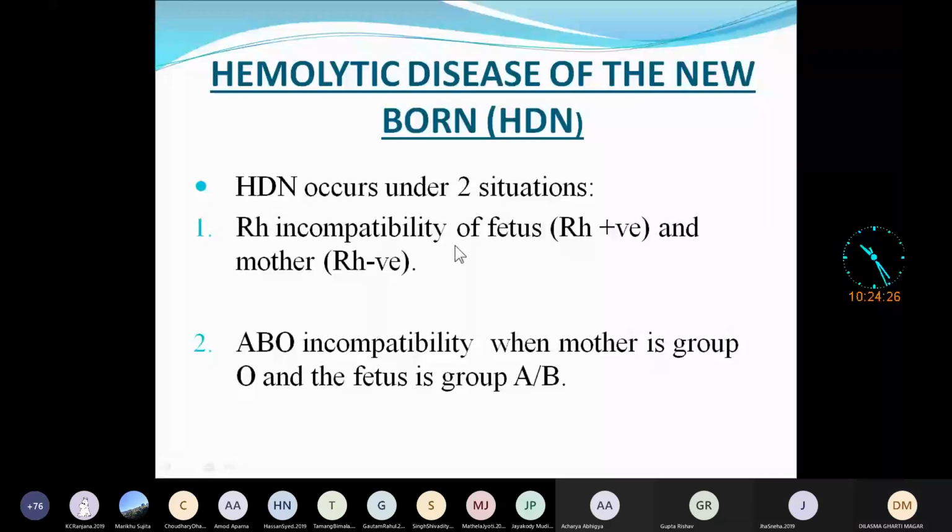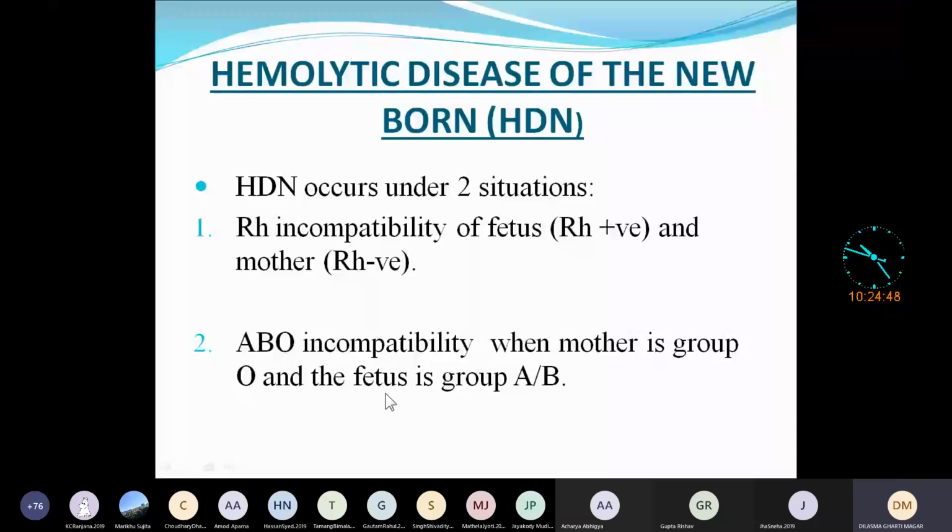When the fetus is Rh positive and the mother is Rh negative, it becomes Rh incompatibility. In ABO incompatibility, when the mother's blood group is O and the fetus's blood group is A, B or AB, it becomes ABO incompatibility.